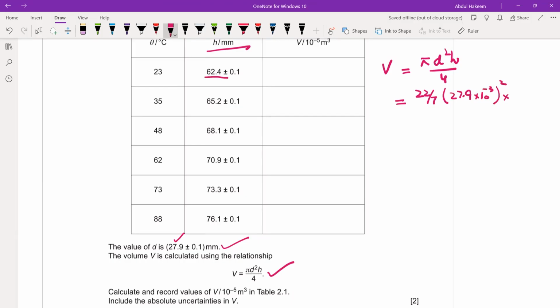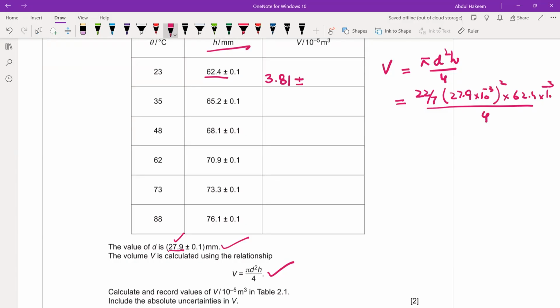Multiply by the first value of h, which is 62.4 into 10 power minus 3 for meters, divided by 4. After using the calculator, the answer is 3.81. Look, 27.9 is in 3 significant figures, 62.4 in 3, so I wrote this in 3 significant figures. Now, similarly, we have to calculate the next.